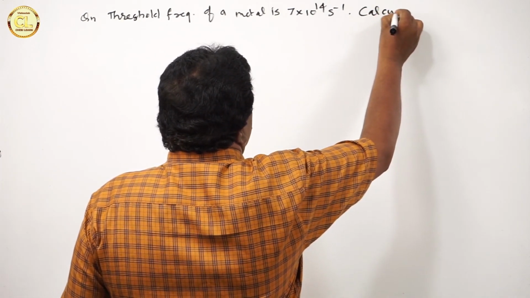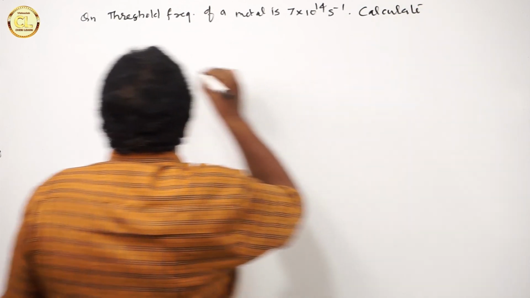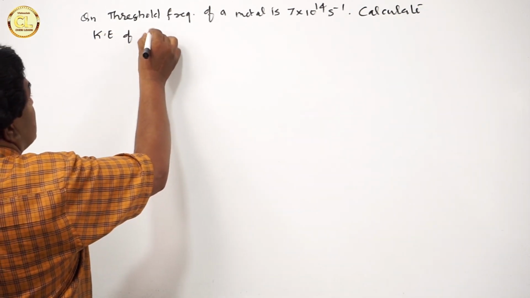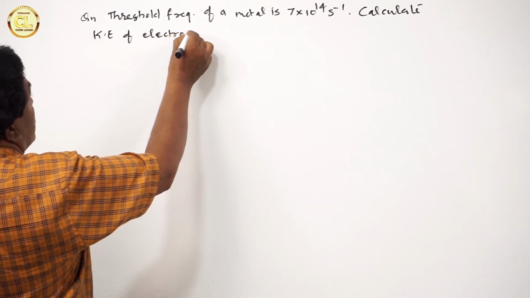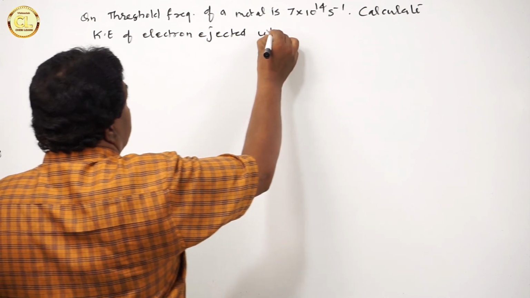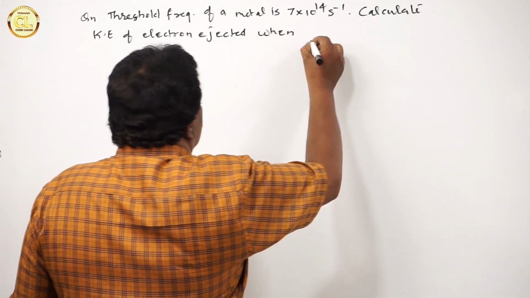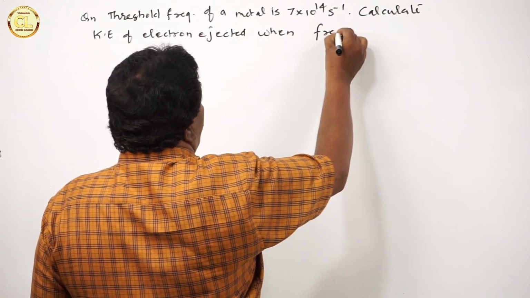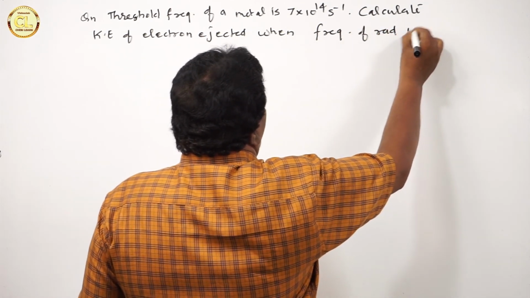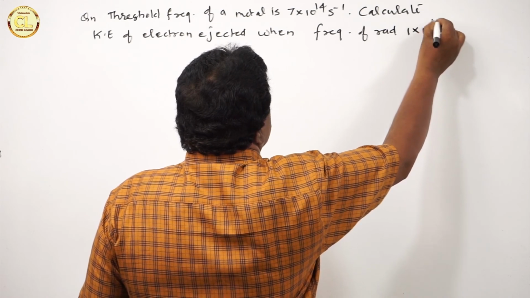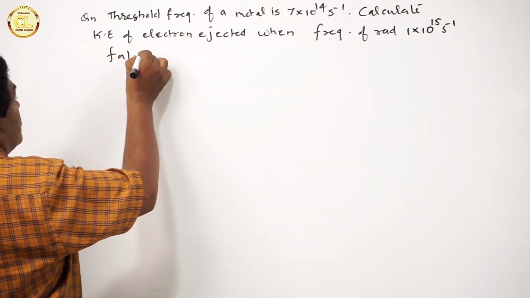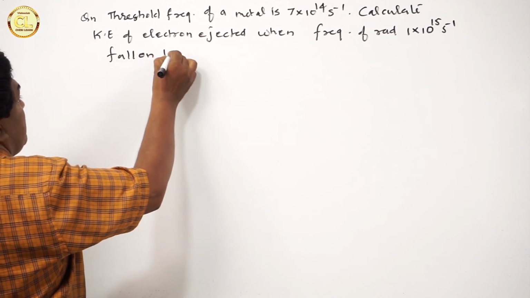Calculate the kinetic energy of the electron ejected when radiation of frequency 1 into 10 raised to 15 per second falls on the metal.